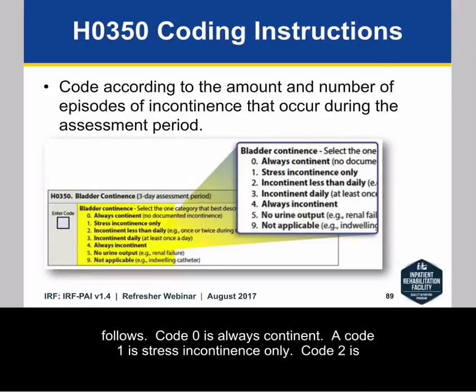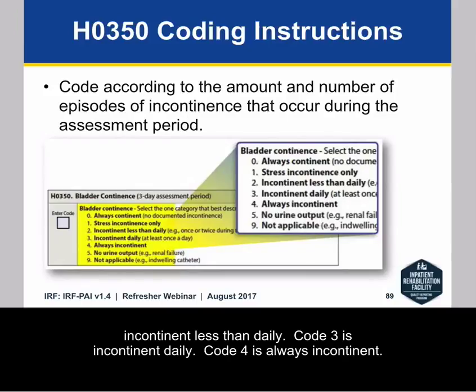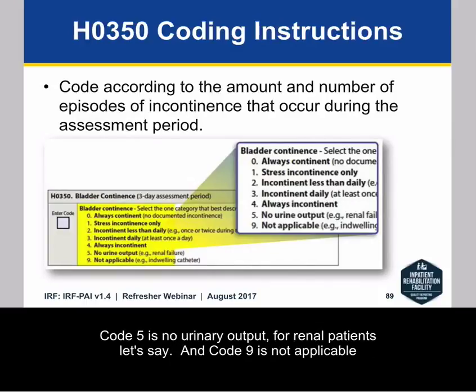A code 1 is stress incontinence only. Code 2 is incontinent less than daily. Code 3 is incontinent daily. Code 4 is always incontinent. Code 5 is no urinary output, for renal patients, let's say. And Code 9 is not applicable, for indwelling catheters.